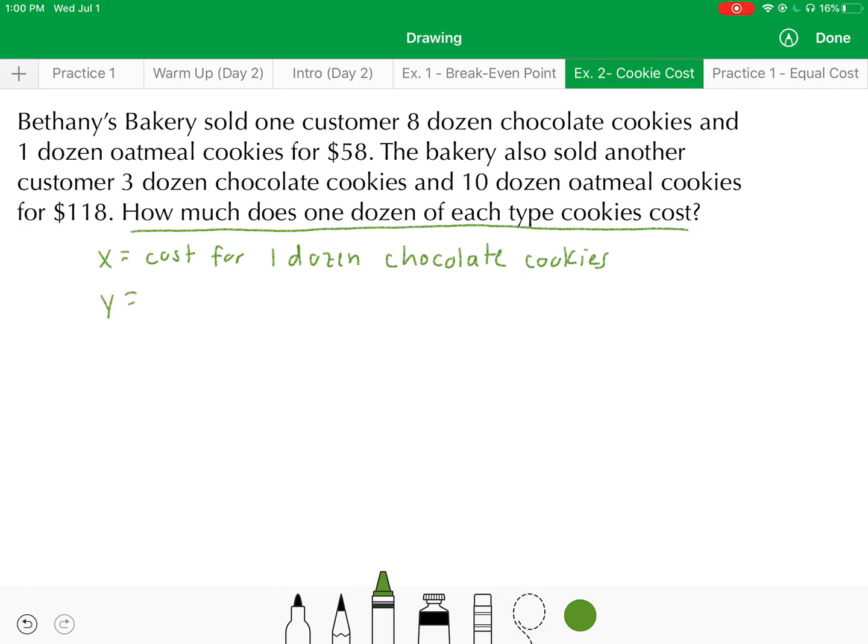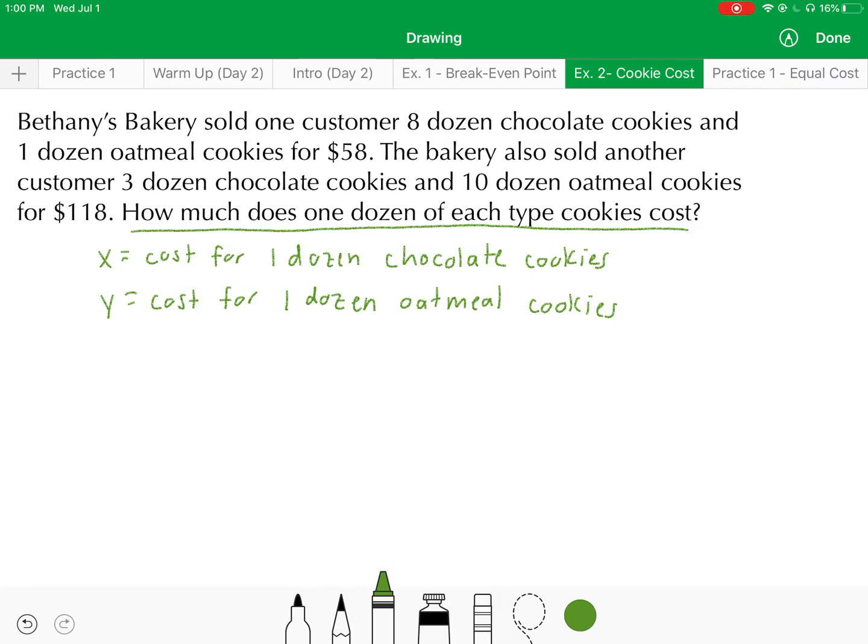And y would be the cost for 1 dozen oatmeal cookies. And notice how specific I'm being there. I'm not just saying x equals chocolate cookies and y equals oatmeal cookies. I'm being very specific in that these are representing 1 dozen of each.